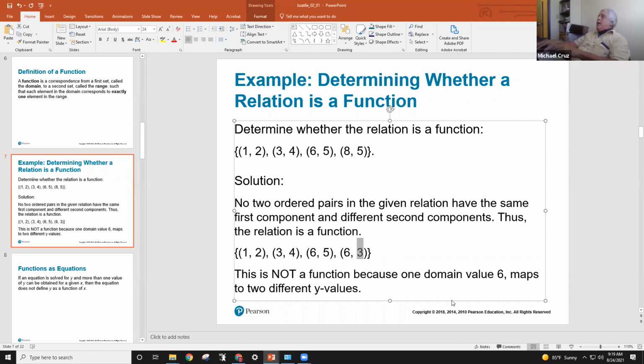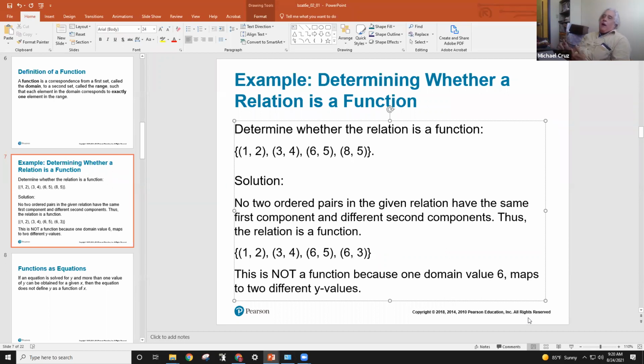But let's say I replace this one with that. Theoretically, it's the same point and I'm just repeating it, so that doesn't break the rule, because it's the same exact thing. Technically it shouldn't be in there. But if it repeats like the 6, that's bad news, because it can't go to two different ones.